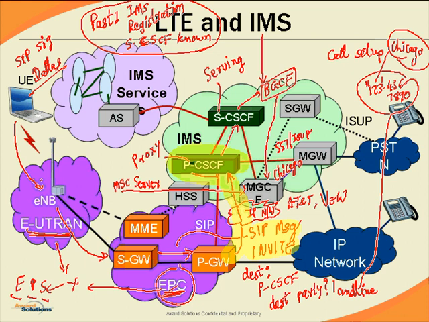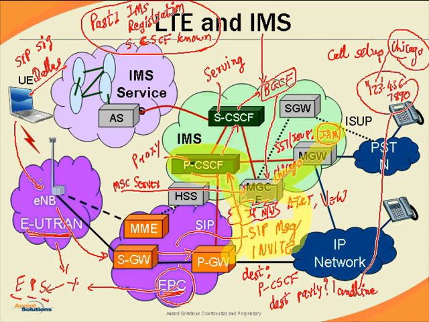The name of the message would be Initial Address Message. So our media gateway control function has now converted a SIP INVITE message into an Initial Address Message. That's for PSTN. It's still IP, so the Initial Address Message is still over IP.